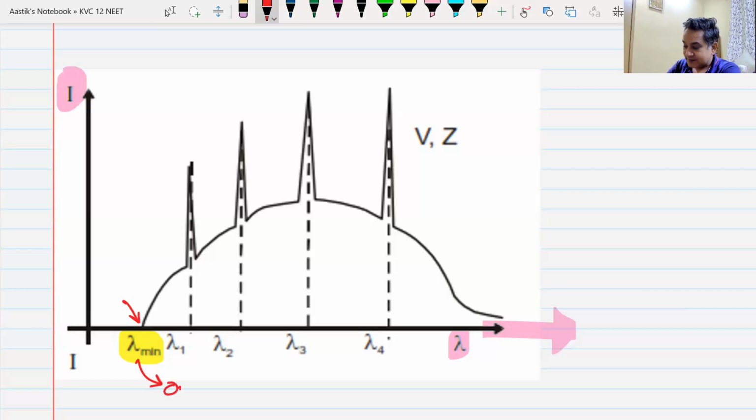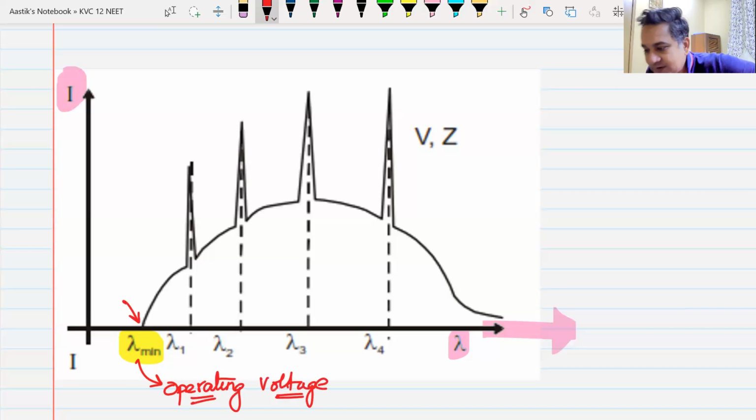Operating voltage. This lambda min depends on the operating voltage. It does not depend on the metal, dear. I've said it so many times.